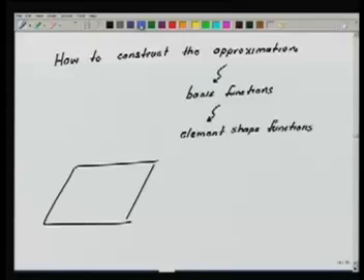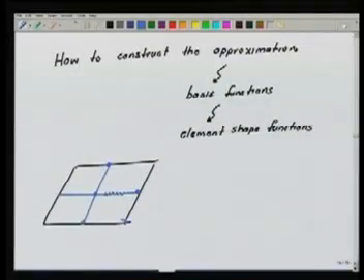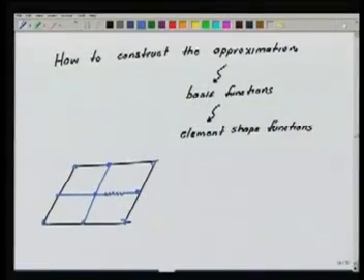That is, if I take the plate and mesh it with rectangles, then along these edges del w del x, del w del y will not be continuous, they will only be continuous at the node points. So this is actually violating our requirement, but it is shown that this does a fairly good job.